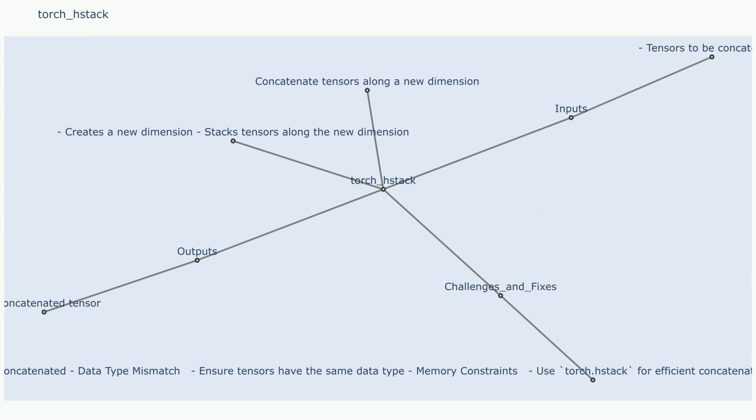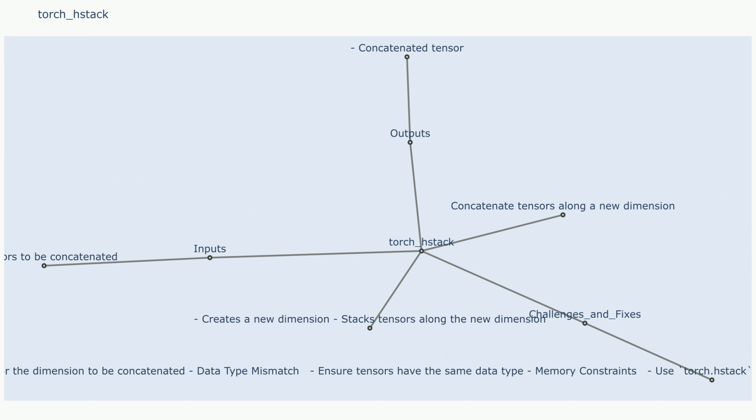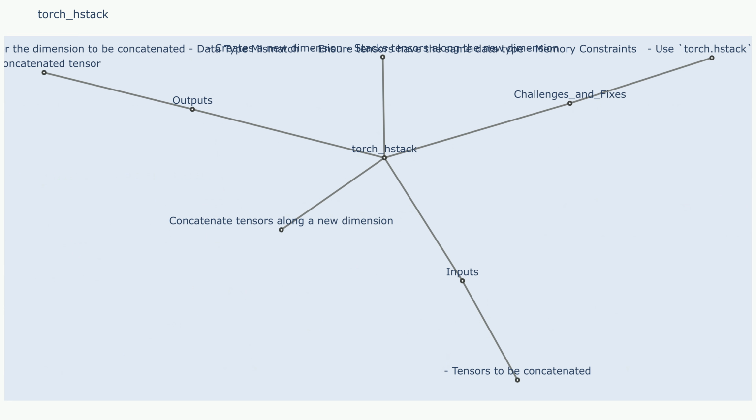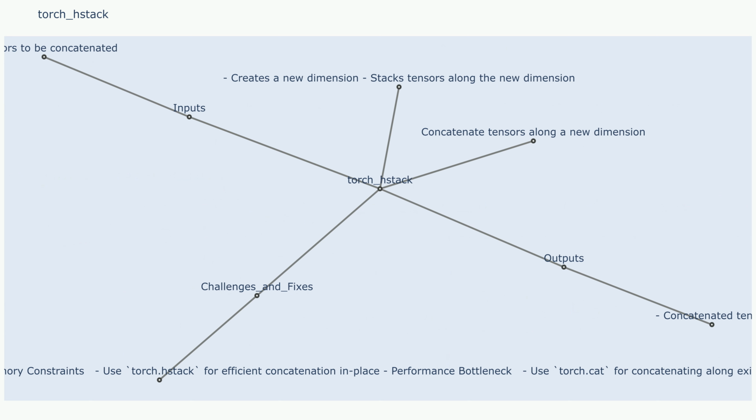Outputs. Output 1: stacked tensor. The torch.stack function returns a new tensor containing all the input tensors stacked horizontally. The output tensor will have the same number of rows as the input tensors, and its number of columns will be the sum of the columns of all the input tensors.